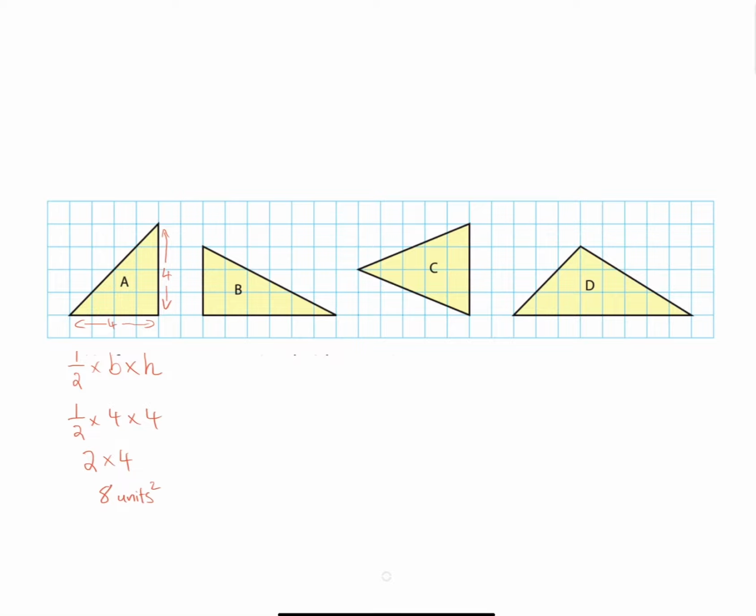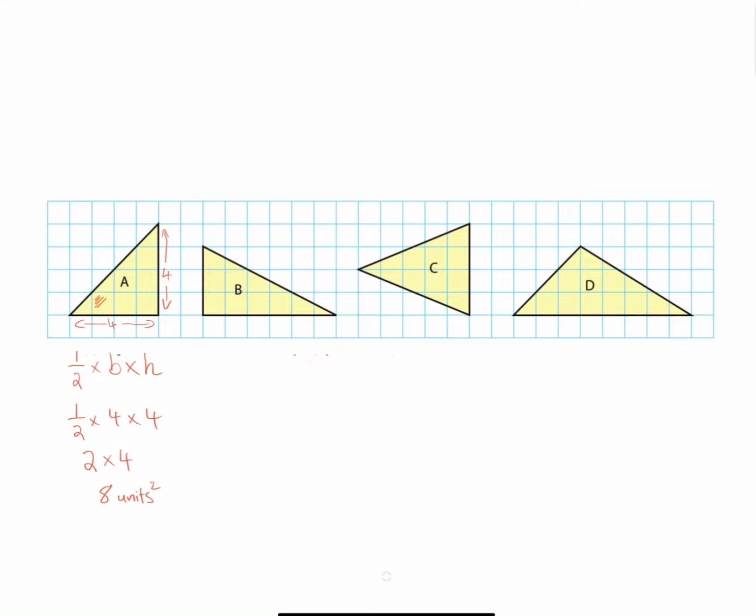Now what we can do is we can double check this and see if it is actually 8 units squared by looking at how many squares are inside of the triangle, roughly.